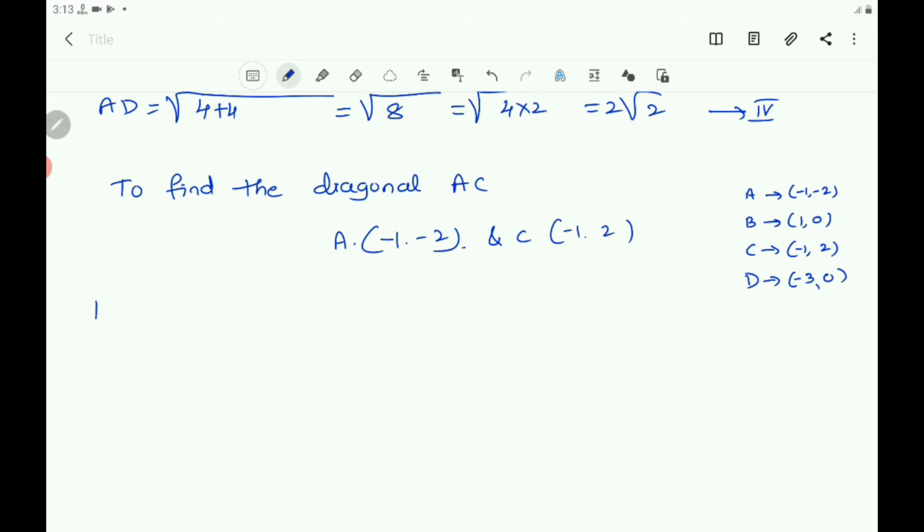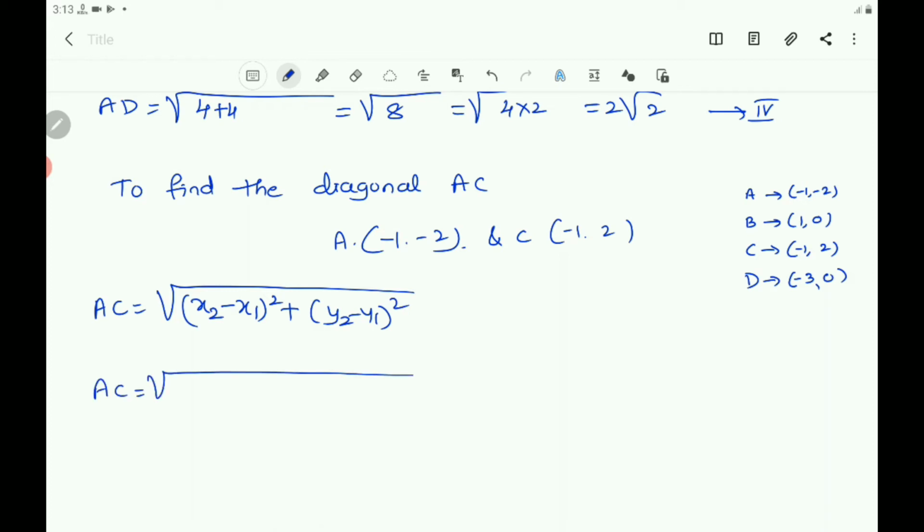So AC equals, write the distance formula, it is square root of x2 minus x1 whole square plus y2 minus y1 whole square.